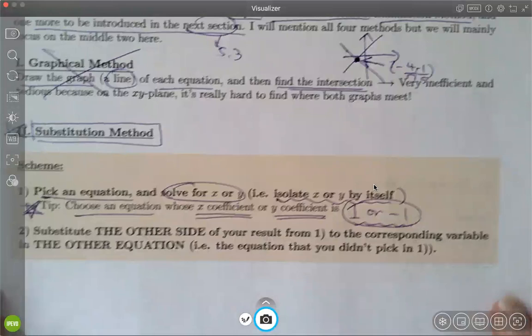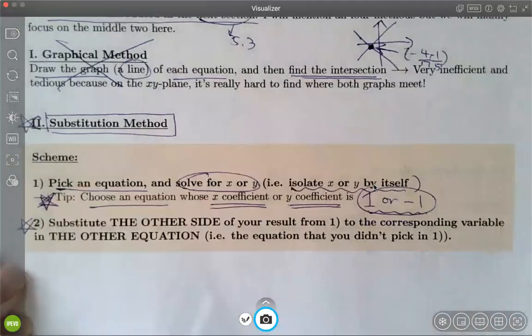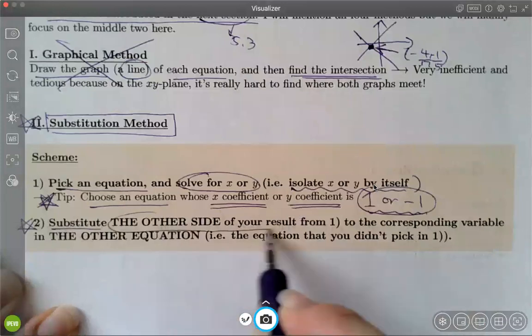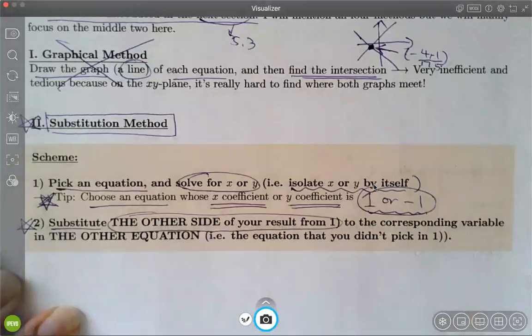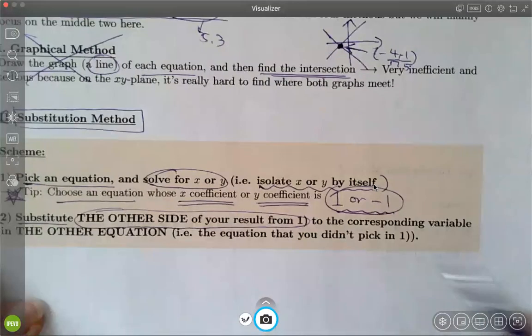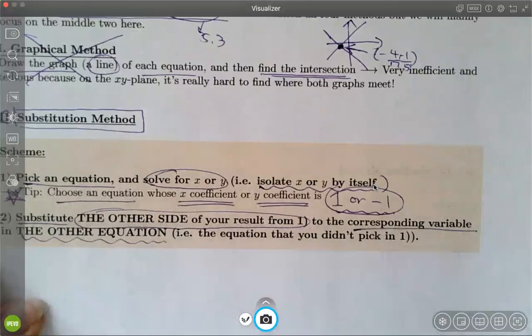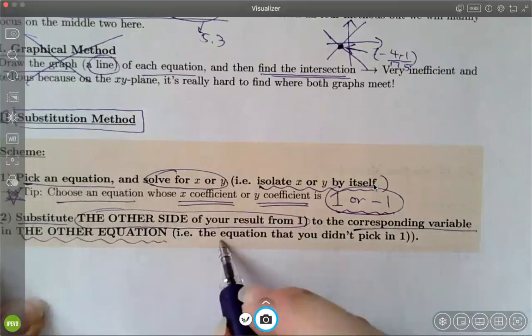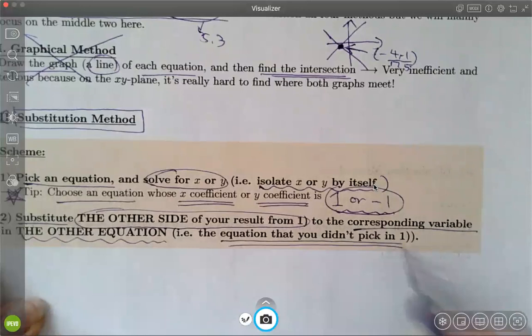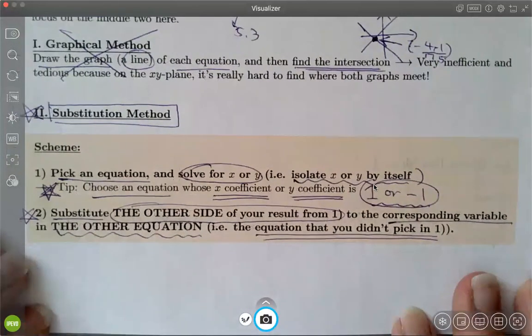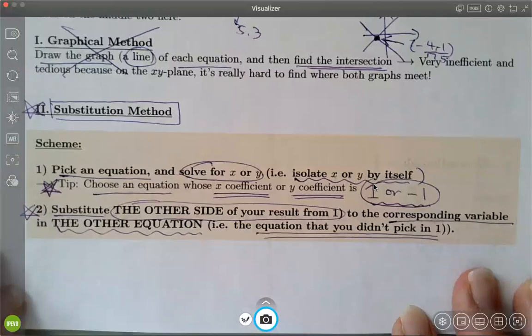Now, step number 2. Substitute the other side of your result from the previous step into the corresponding variable in the other equation, i.e. the equation that you didn't pick in the previous step. Apparently, this step number 2 sounds very tough and challenging, but it's actually very simple.